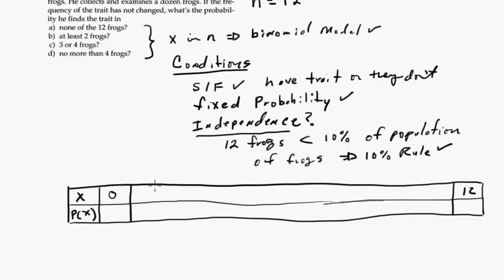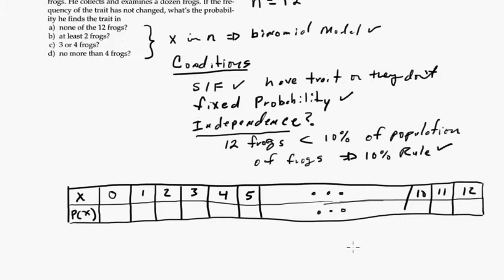The table would look like this, and I think we only need to go out to about 5. So this would be 11, 10, and then dot, dot, dot, because we don't need to fill this in.